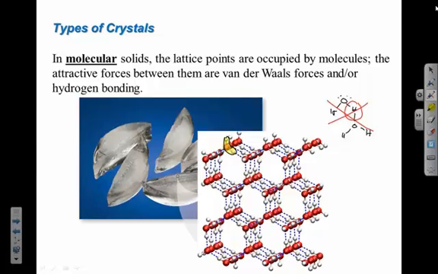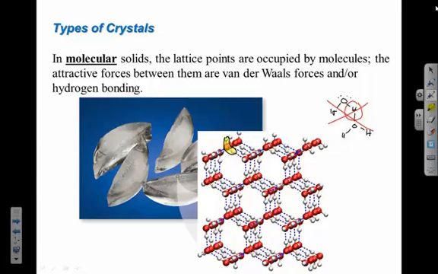In a molecular solid, the attractions that hold the molecules together are covalent bonds. That's strong. But to hold the solid together, you need not only the attractions that hold the individual molecule together, but to hold the solid together as a solid, all those molecules need to line up, and you have to have attractions between the molecules as well.